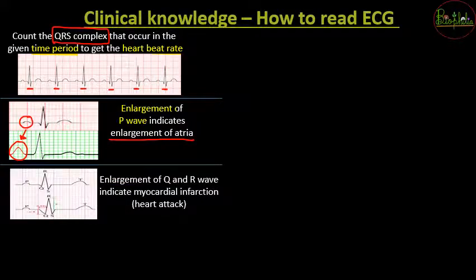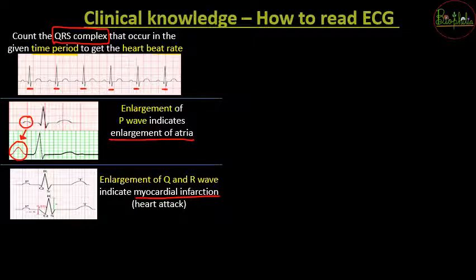थर्ड केस हो सकता है that is enlargement of Q and the R wave. If there is enlargement of Q and R wave, that can indicate the condition that is myocardial infarction. What is myocardial infarction? That is a medical term given for heart attack.